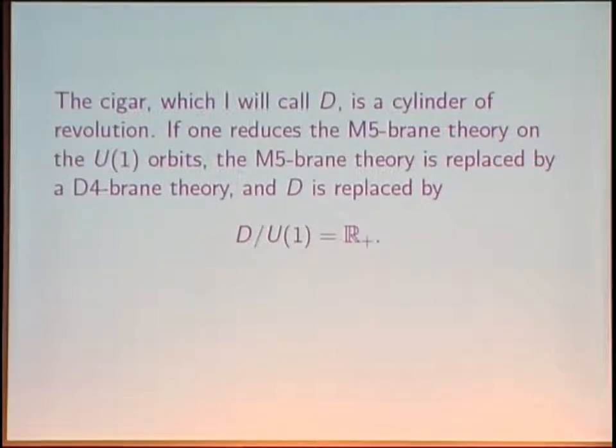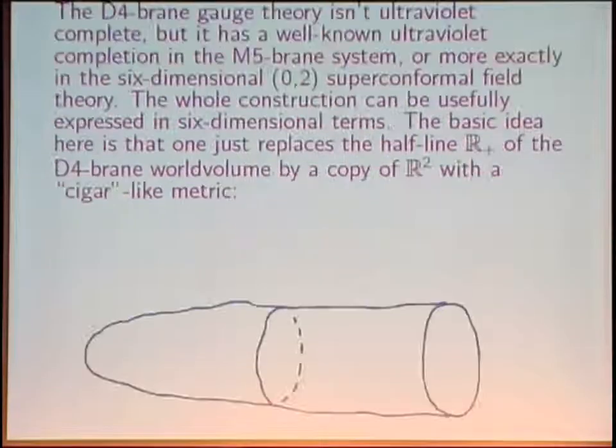Starting with M5 branes on D, if you reduce the M5 brane on the circle orbits, then the M5 branes become D4 branes, and D is replaced by D divided by U1, which is R plus. So this is completely familiar away from the endpoint. Away from the endpoint, we just have the product of a circle and something, and M5 branes on a circle give D4 branes.